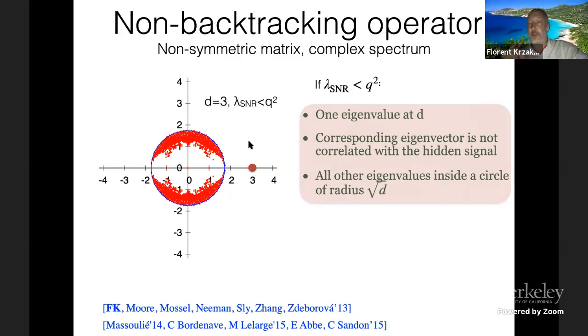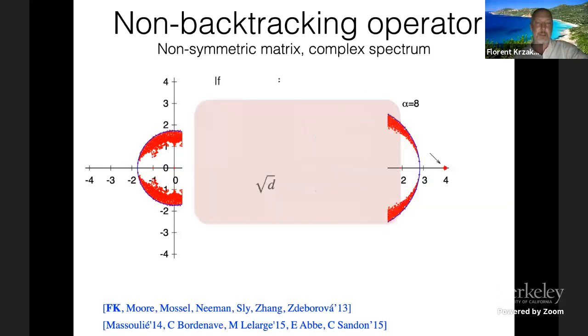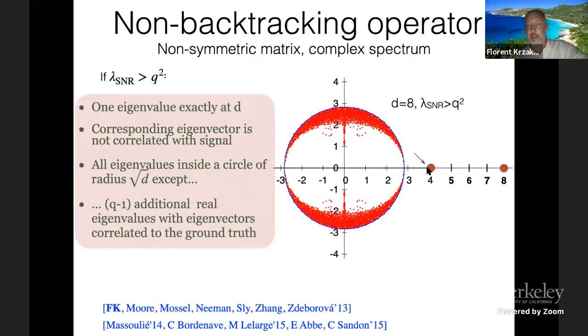And what happens when you cross q squared, when the SNR is large enough? Well, you have an additional eigenvalue that comes out, and you can show, this is what we did in this paper, and later on that was proven in this series of work by Massoulié, Bordenave, Lelarge, and then Abbe and Sandon, who generalized it to more than two communities. You can show that the eigenvector connected to this eigenvalue is actually correlated with the ground truth.